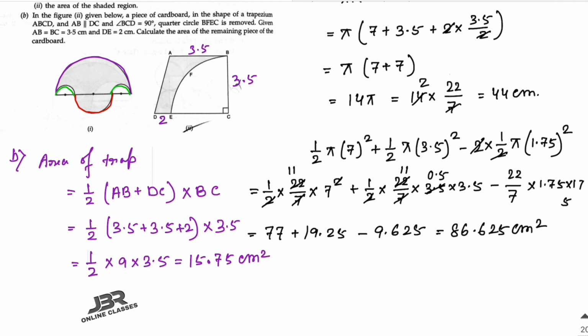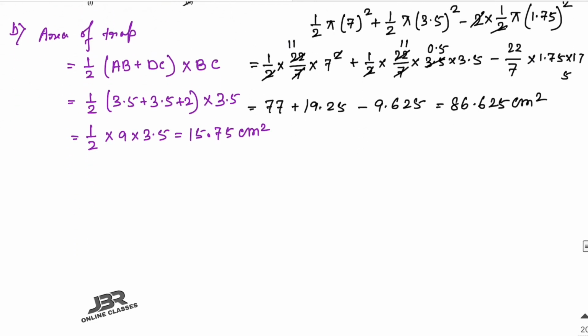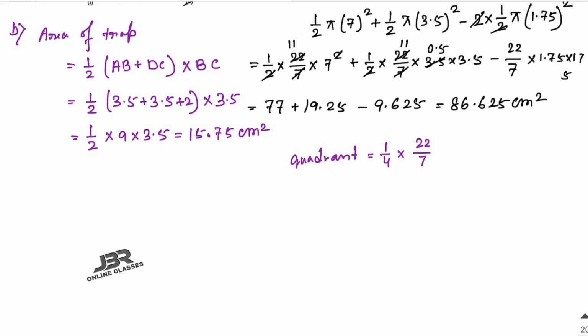Now the next thing, you have to find out the area of that quadrant. Quadrant means 1/4, and in that case here the radius is 3.5. So the area of that quadrant is 1/4, pi means 22/7, and r square means 3.5 into 3.5.